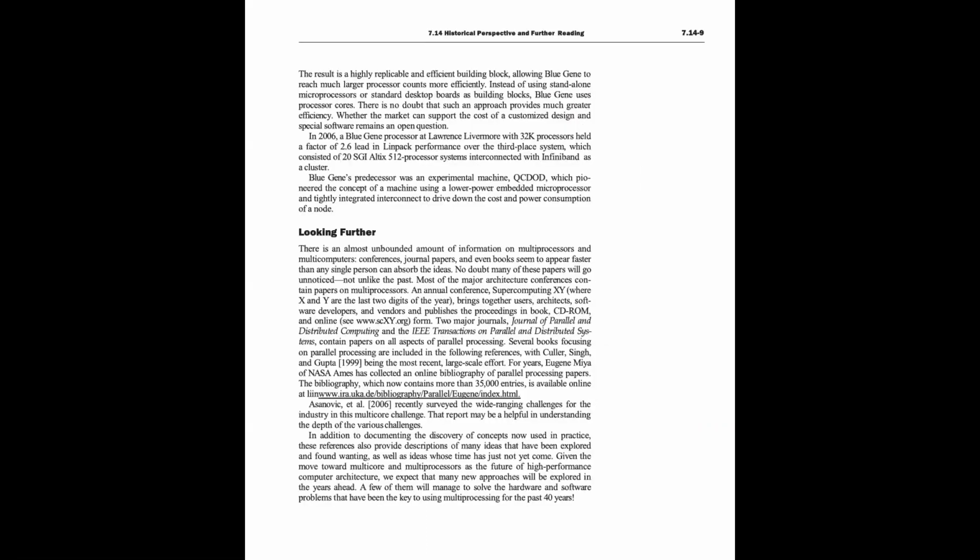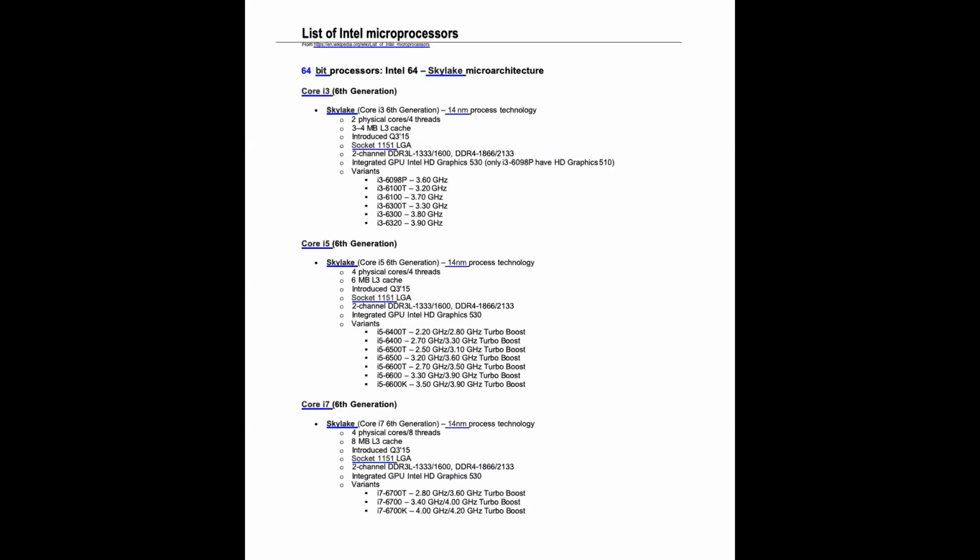Let's read some more here, and some IEEE transactions. IEEE is the standard for most technologies, or rather, it develops the standards for most technologies. This document is simply a list of Intel microprocessors from Wikipedia, and you can find that on your own. You can just see the evolution of the processor speeds and the number of cores.